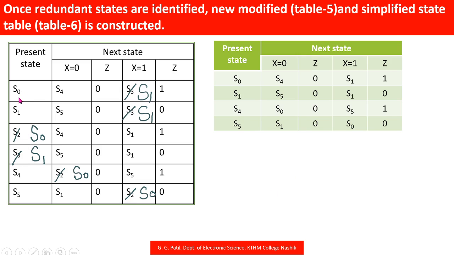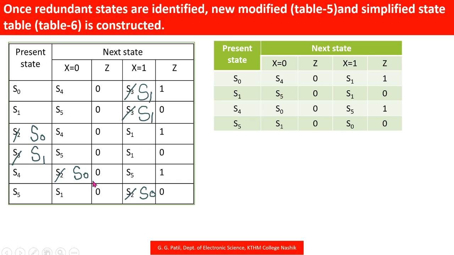So for every state in the state table, S2 has to be replaced by S0 since these two states are equivalent. Where we find S2, we replace S2 by S0 and S3 by S1. In this column S2 is here, replace it by S0. S3 is replaced by S1. Here S2 is present, so S2 is replaced by S0 and S3 is replaced by S1.